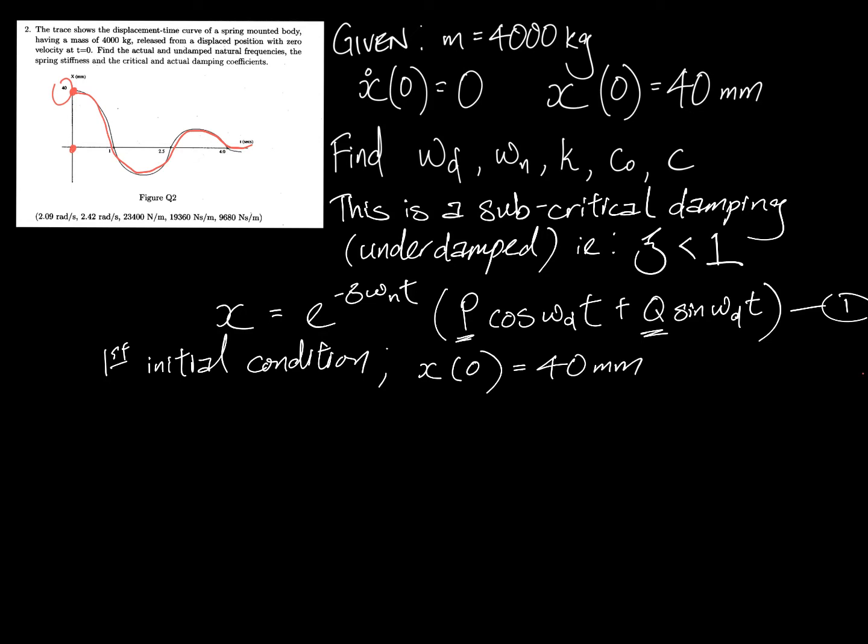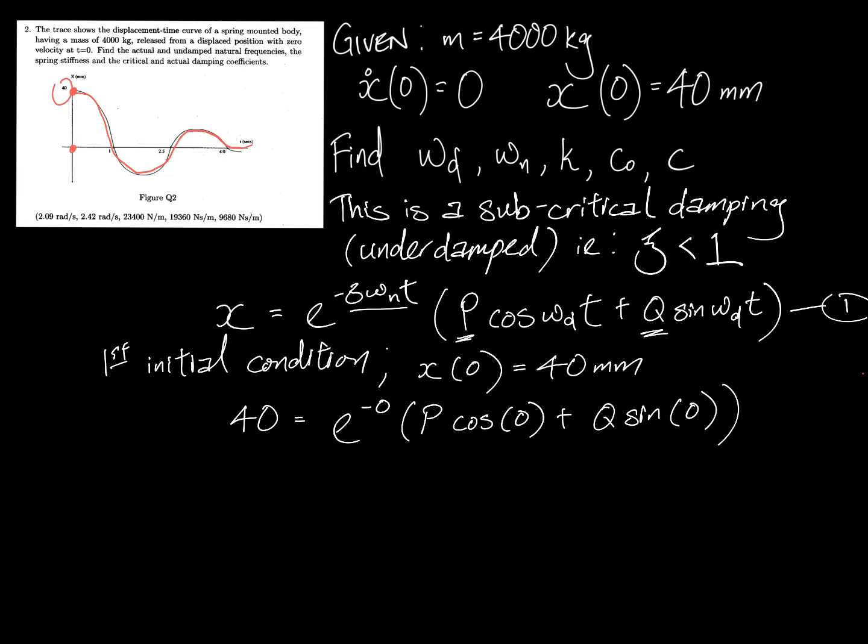If we were to substitute this into equation 1, amplitude x is equals to 40 equals to e to the power of 0, because t is 0, 0 multiplied by this whole term will be equals to 0, we have P cos 0 plus Q sine 0.